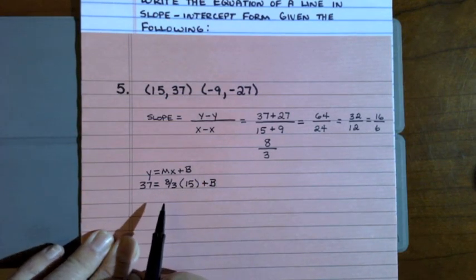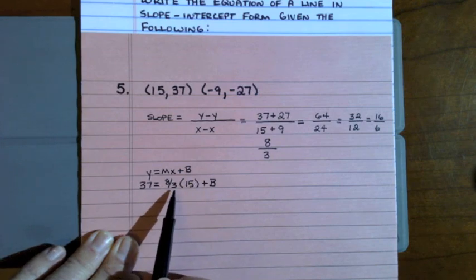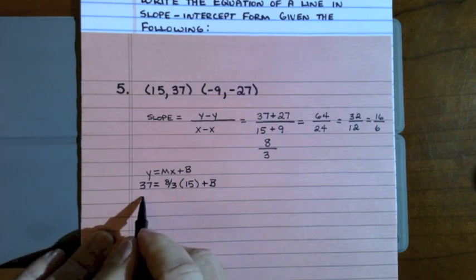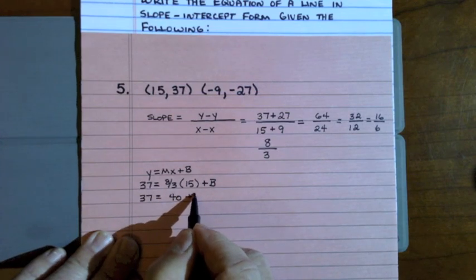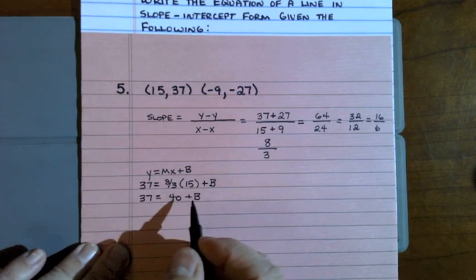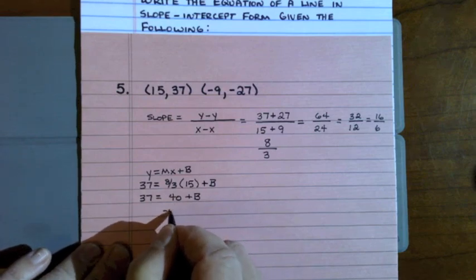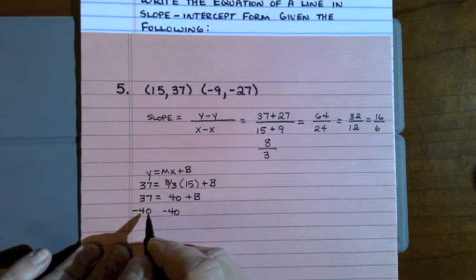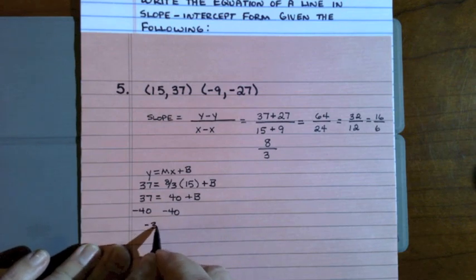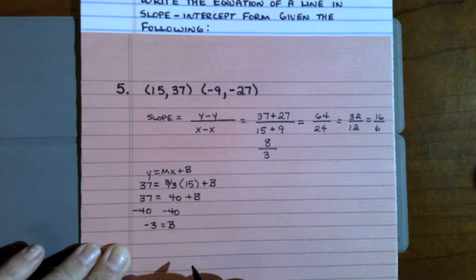I need to multiply these together. I'm going to go 15 divided by 3 is 5. 5 times 8 is 40. So I'm going to put 40 right there, plus b. To solve this, I subtract 40 from both sides. 37 minus 40, negative 3. My y-intercept is negative 3.